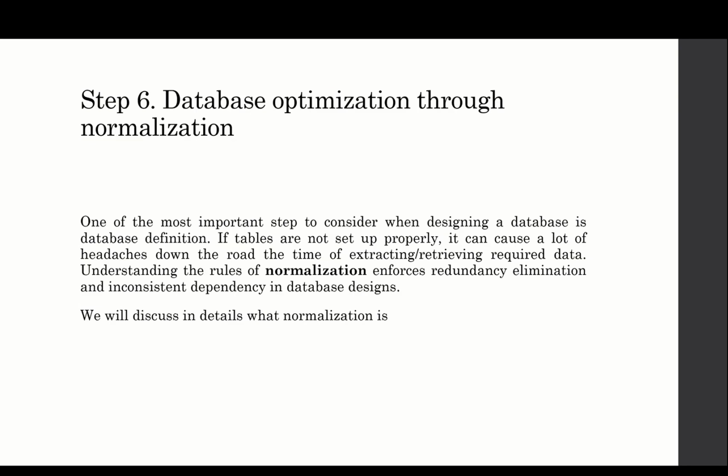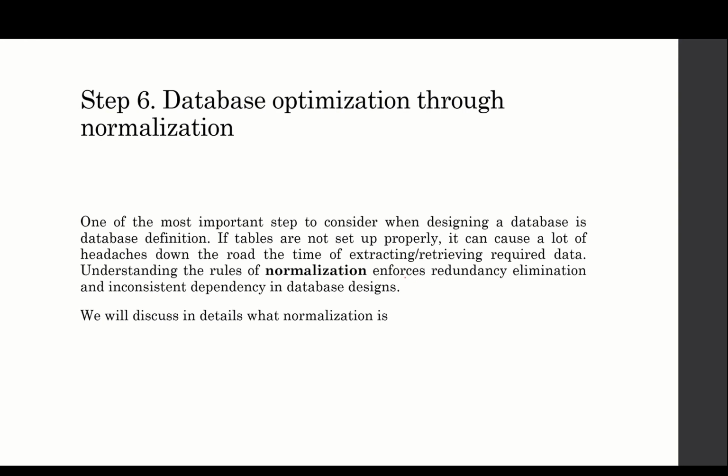Step number 6, now we're going to go through optimization by normalizing your database. This is the most important step to consider, because it's this step which will show you whether your database is perfect or not. By doing what?